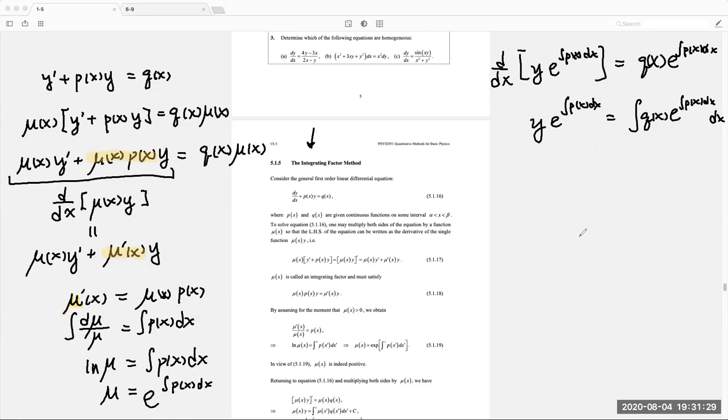I want to ask, how do you go from this part to this part? So you put this one to the denominator and integrate on both sides.